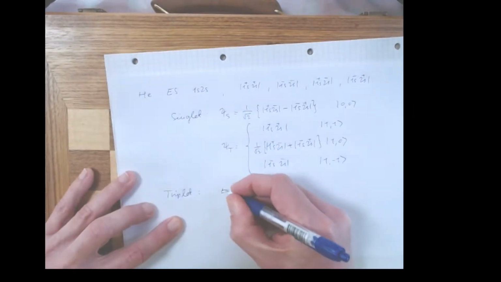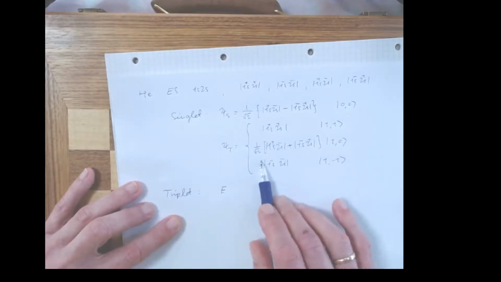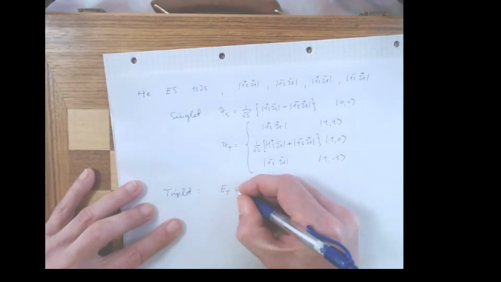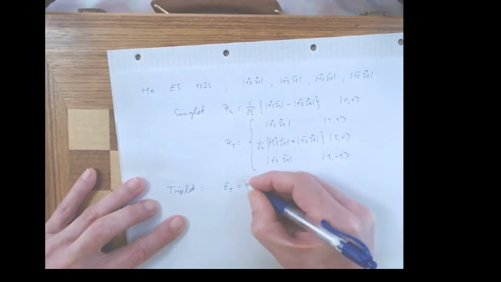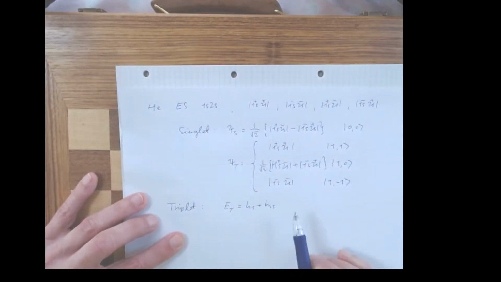So here, if I consider, for instance, this one or this one, doesn't matter, they of course give me exactly the same. I get a triplet energy here, which is then this H1s plus H2s, so that's the single body contributions from the 1s and 2s states.